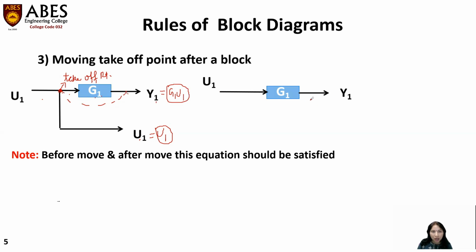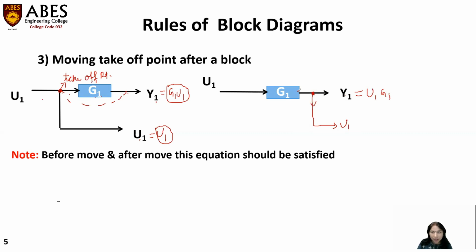Now, just see how we will move. I have just moved this point here, like this. Now presently I've moved this takeoff point here, right? Now just see what I'm getting here, the value of y1. So y1 for this block diagram, I'm getting here u1 into g1. And what is this signal?